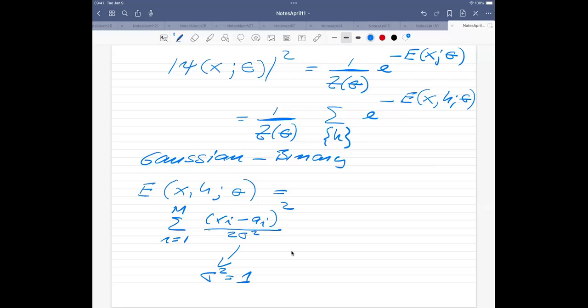So the Gaussian binary is going to look like this, and then we will have a sum over the hidden nodes, j equal 1 up to n. There's going to be a parameter b, which is the same as the bias in a normal neural network, times hj. And finally, we have a sum over the correlations between the hidden layers and the visible nodes.